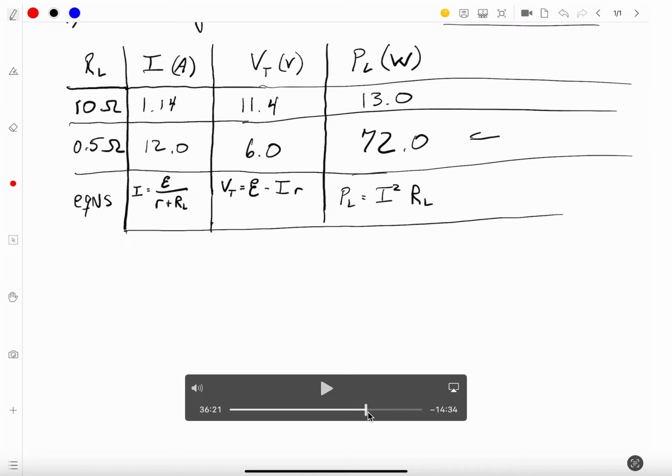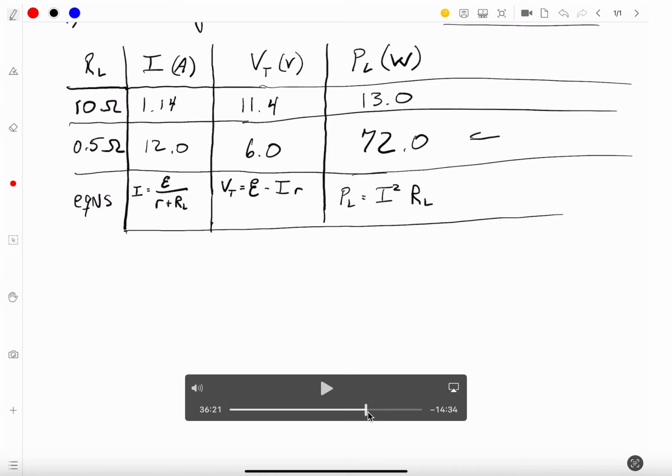So we're already seeing that the amount of current that is needed is far less for the 10 ohm, about a tenth actually. And the terminal voltage hardly drops at all, even though that internal resistance had gone up quite a bit. It went up 5 times. It still didn't hurt hardly the terminal voltage. But for the 0.5 ohm load, it really did.